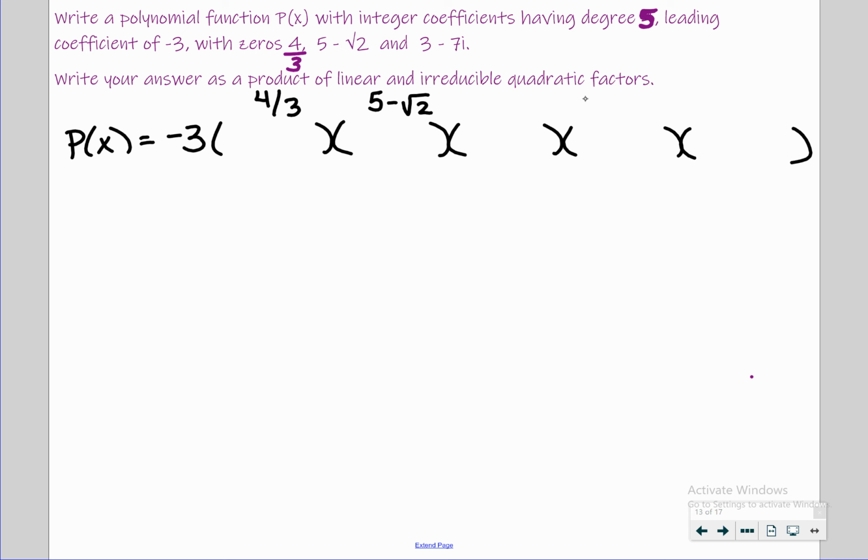If 5 minus rad 2 is a 0, what else is a 0? Because those guys came in pairs. 5 plus rad 2. And if 3 minus 7i is a 0, that also comes in pairs. 3 plus 7i. Okay. Once I have all my zeros, how do I make them a factor?